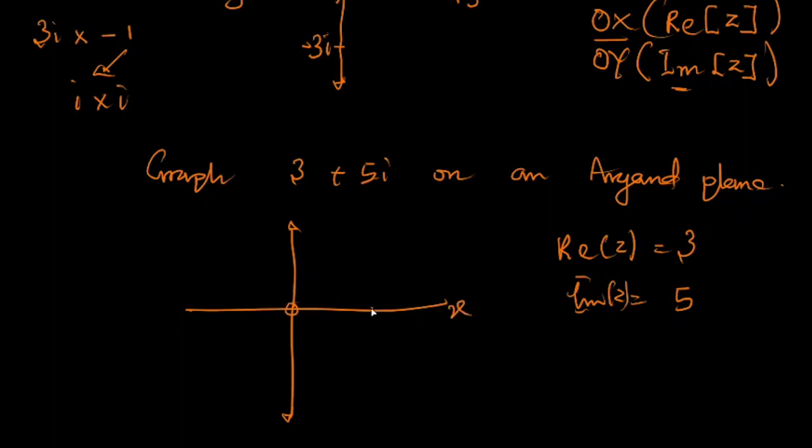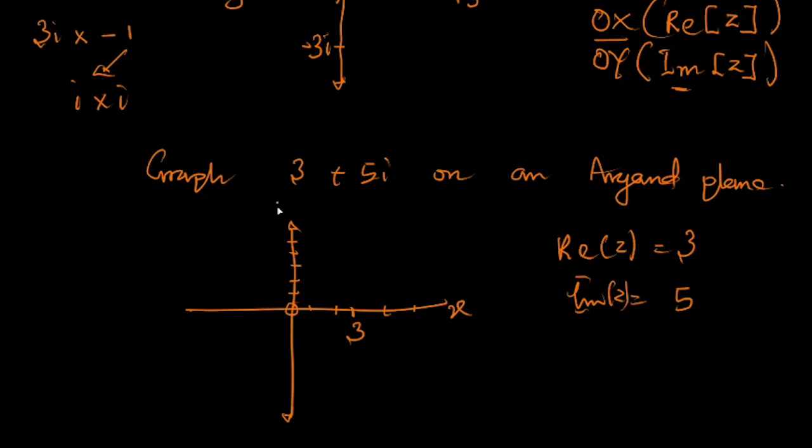So let's say, not to scale, our 3 is here. And okay, let's say 1, 2, 3, 4, 5. Let's put it that way. And on this side we have 1, 2, 3, 4, 5. So like I said, not to scale, so please don't sue me. So the imaginary part is, this is the i-axis.